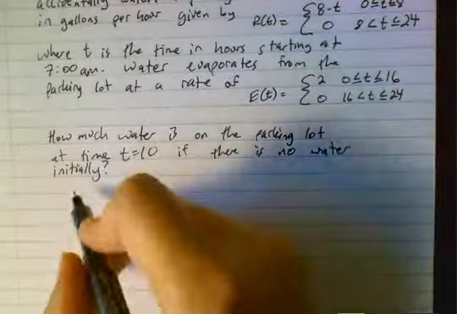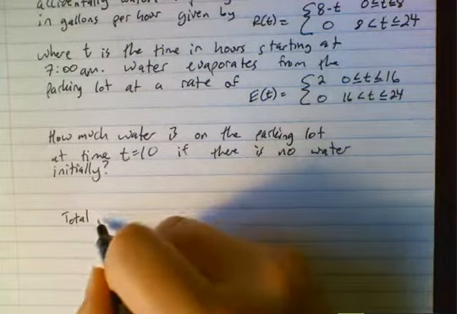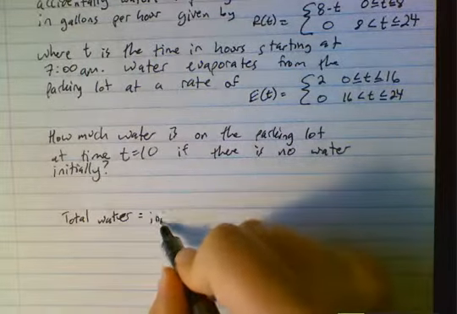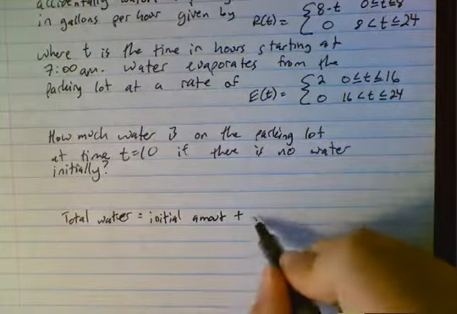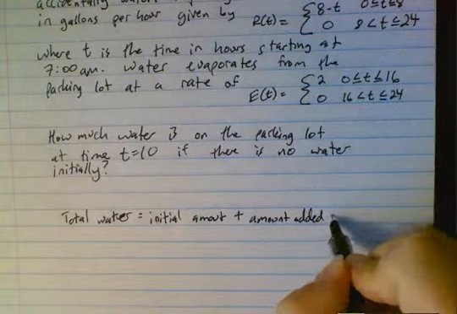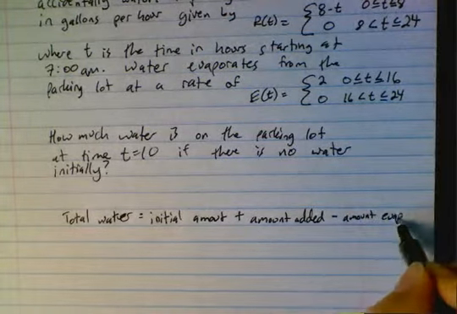Okay, so to solve this one, the total water on the parking lot is going to be the initial amount of water plus the amount added minus the amount evaporated.